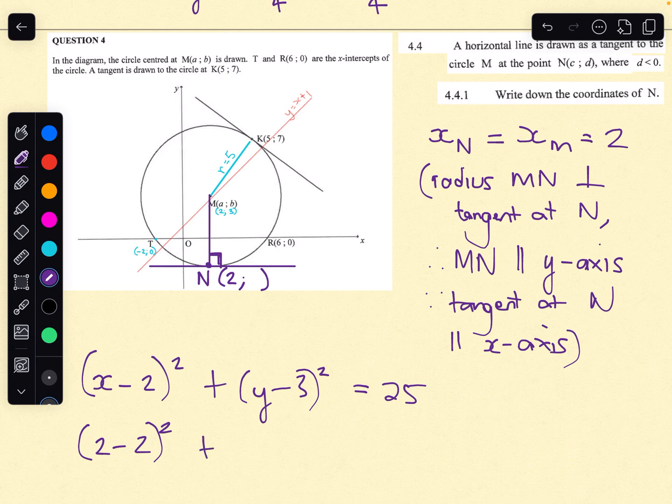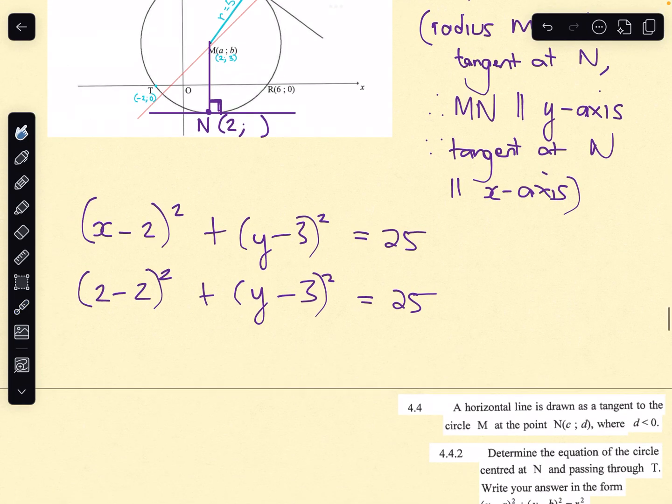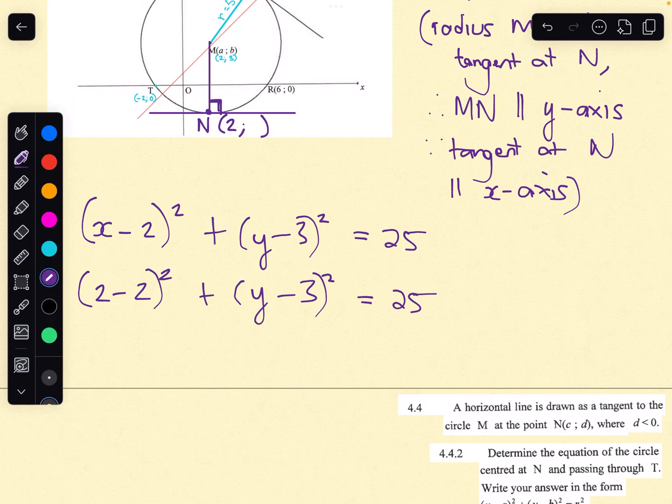Okay, we're trying to figure out the y. So we're going to get 2 answers, right? Because it could either be N or it could be this point up here that also has an x coordinate of 2. And we know that the y coordinate is d. Sorry, just to be proper. So 2 minus 2 squared is 0. So we're just left with (d minus 3) squared is 25.